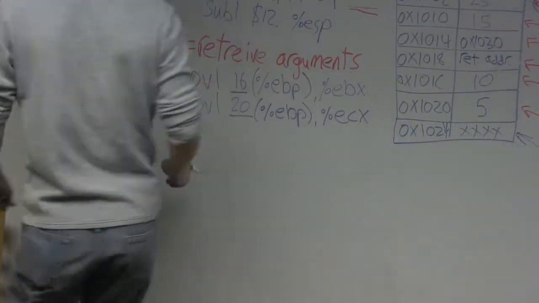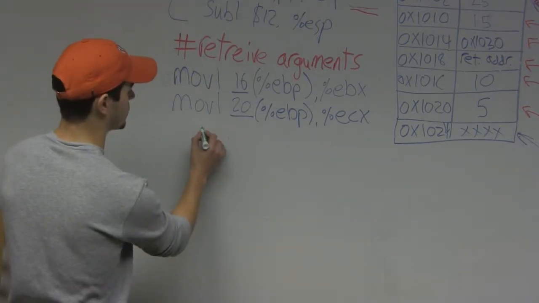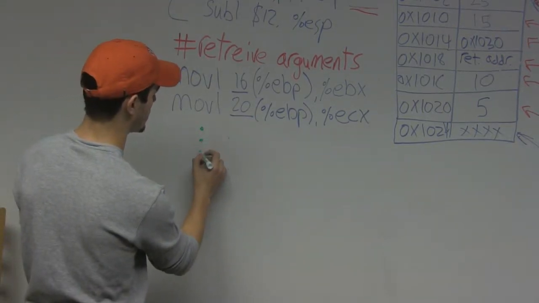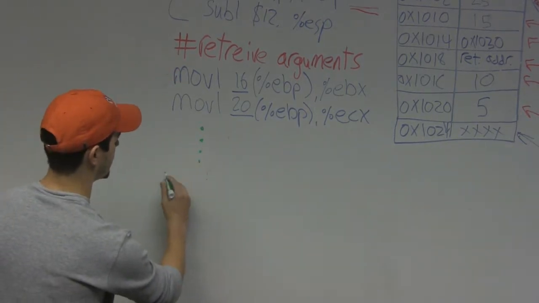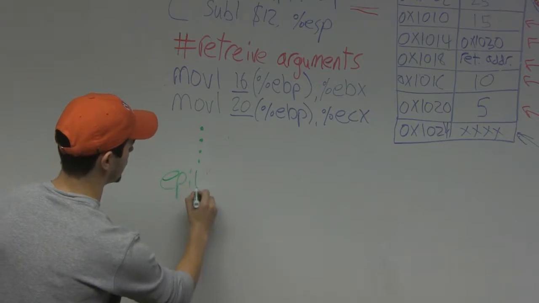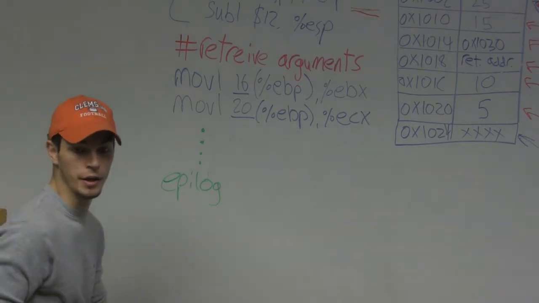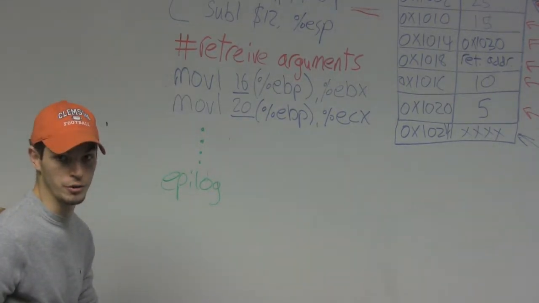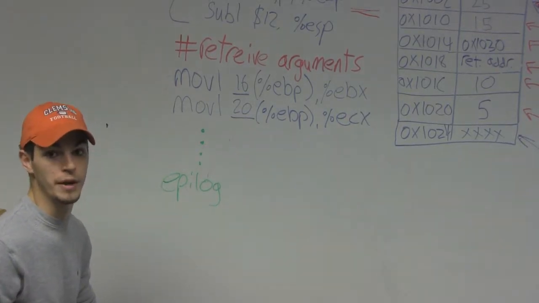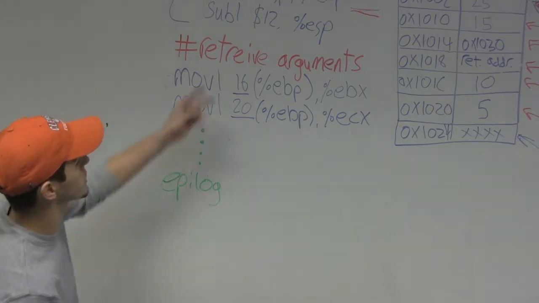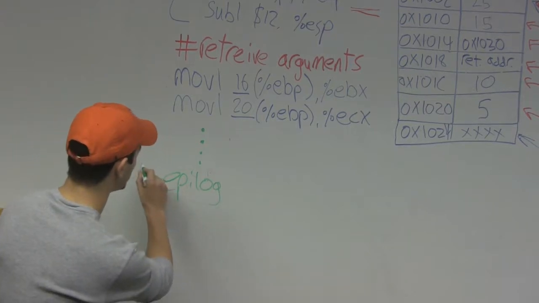Okay, so after the callee function has retrieved the arguments from the stack, it can then execute whatever may be written in the function, and then the epilogue will essentially do the opposite of what happened in the prologue. The epilogue will pop the registers that were pushed in the prologue, as well as restore the space allocated previously in the prologue for the local variables in the callee function.